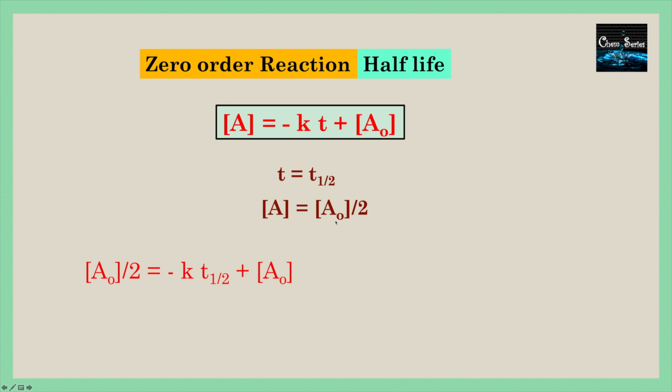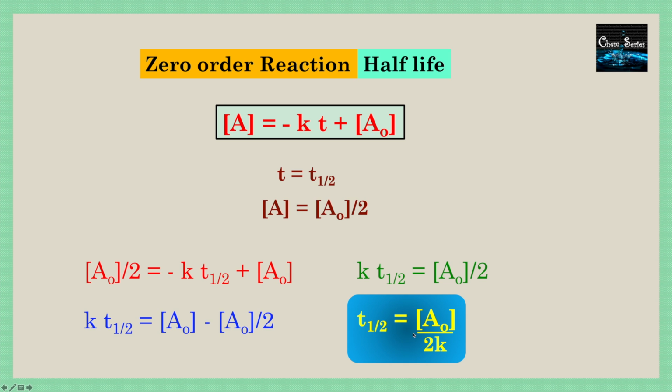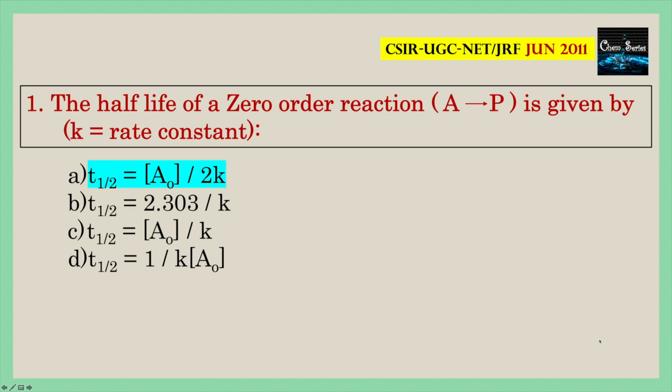So when we substitute these two in this equation, we get this, and you bring the concentration terms to one side so that it becomes k t half equal to A naught minus A naught by 2. A naught minus A naught by 2 will be A naught by 2. So you get t half equal to A naught by 2k. Your right option is option A, that is t half equal to A naught by 2k is the half-life of a zero-order reaction. You got it?